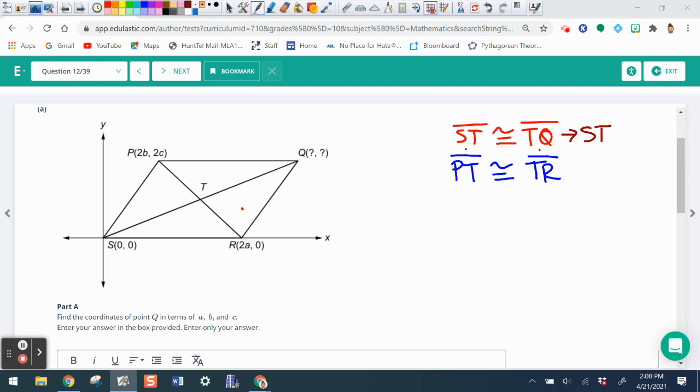So if I can show that the length of ST is equal to the length of TQ, and likewise show that PT is equal to the length of TR, I can prove that they do in fact bisect each other. So I'm going to write the coordinates for Q again: (2a plus 2b, 2c). If we're trying to prove that segments are equal, we need to show that the distance between those two points is the same. So we need to show that the distance from S to T is the same as from Q to T.